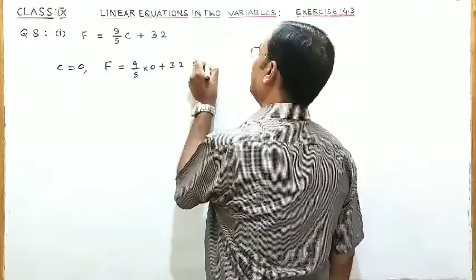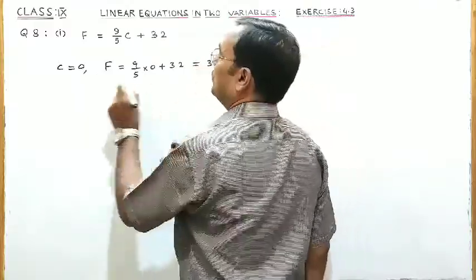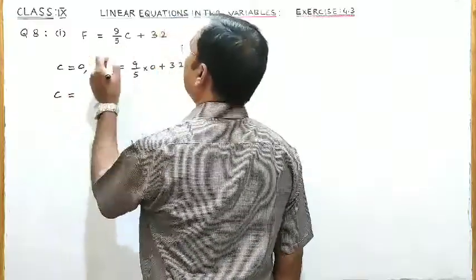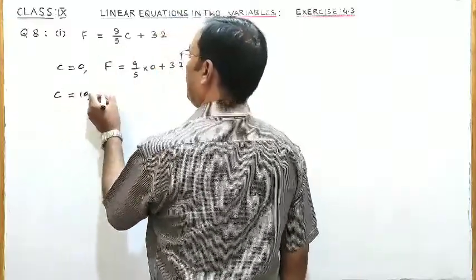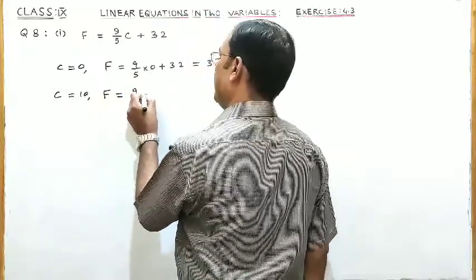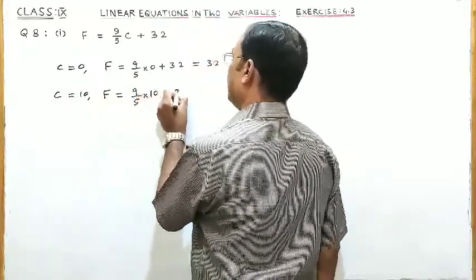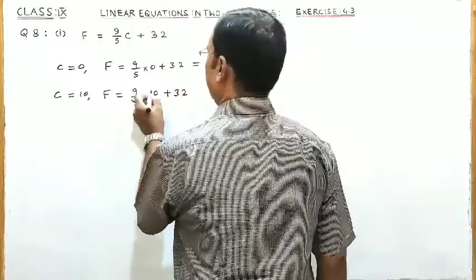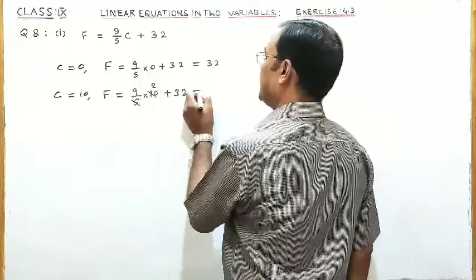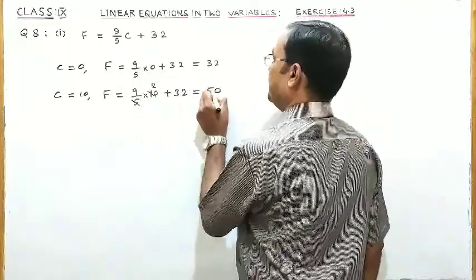So F will be equal to 32. And if you take the Celsius value equal to 10, then F is equal to 9 by 5 into 10 plus 32. 5 twos are 10, 2 nines are 18, 18 plus 32 is 50.